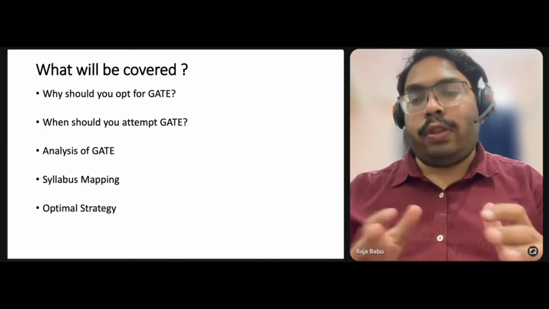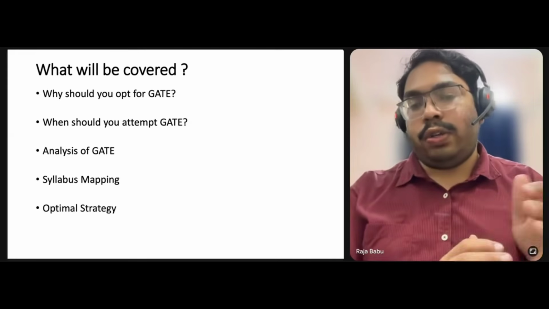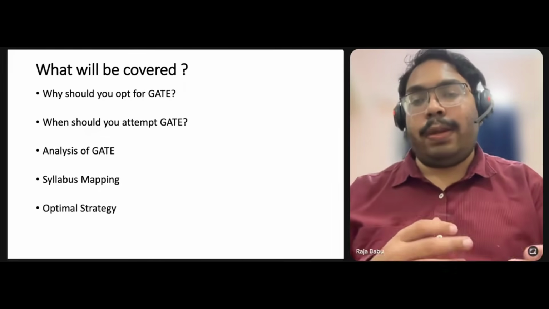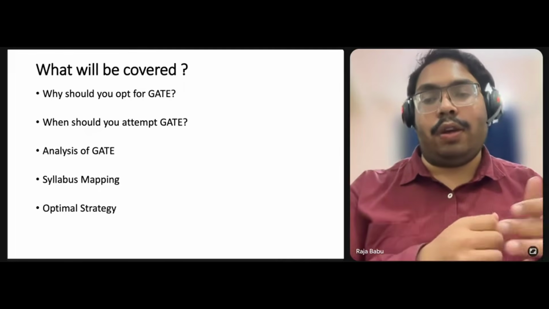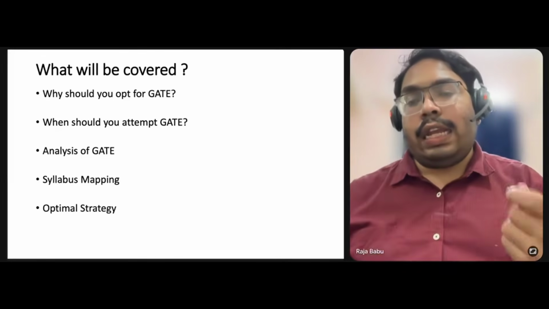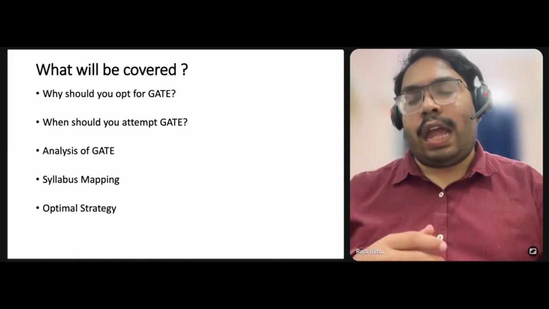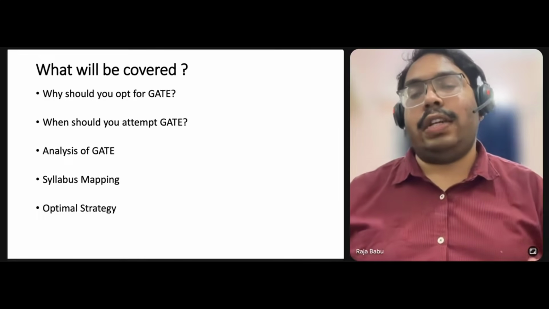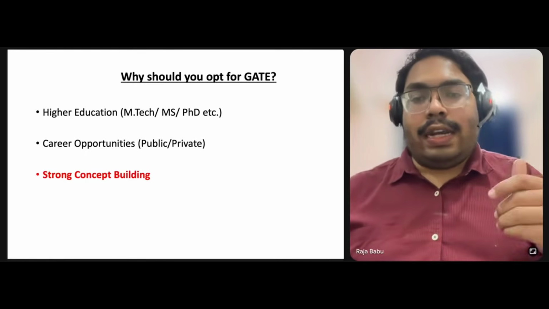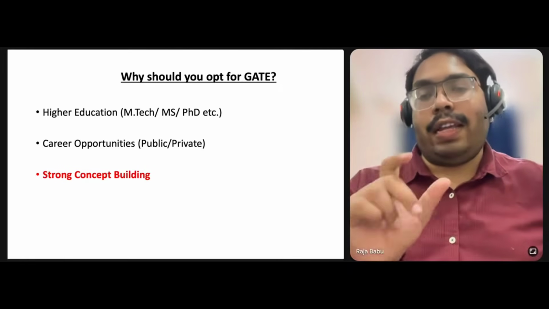Then we will ponder upon the analysis and distribution of the GATE questions and marks. And then we will see the mapping between GATE and the BS program so that you can structure your preparation well. Then at the end, we will see what could be your optimal strategy for attempting GATE DA. So let's first see the why aspect.